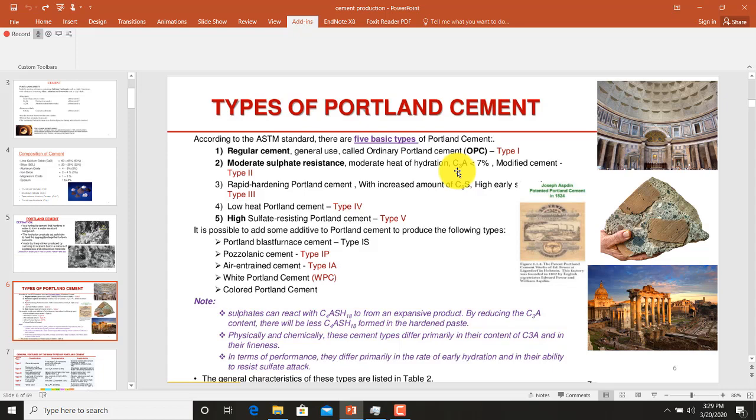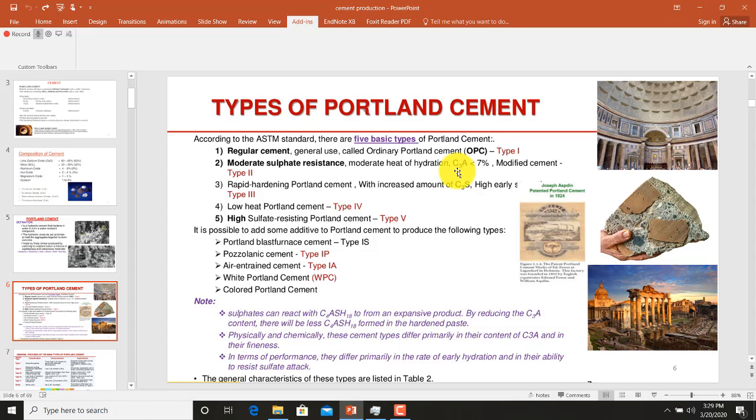So in the hardened state, the delayed ettringite formation, basically ettringite is an expansive product. So, expansive means expands. By the formation of ettringite, the concrete volume expands internally.